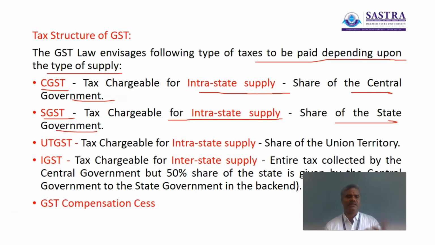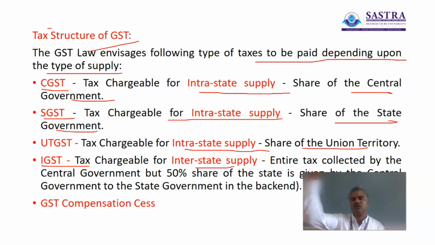Then UTGST, union territory, chargeable for intra-union-territory supply, share of the union territory. IGST, when we go for inter-state supply, transfer goods from one state to another state. Tamil Nadu to Andhra, Karnataka to Madhya Pradesh.